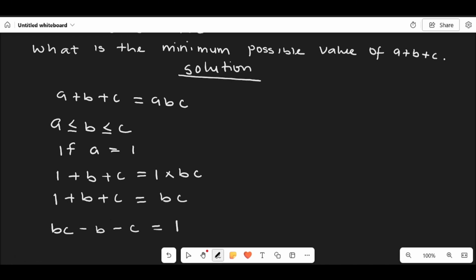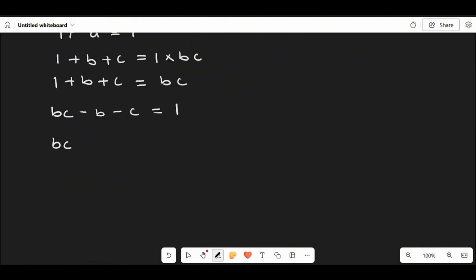Let us try to factor this cleverly. Add 1 to both sides. The equation will become bc minus b minus c plus 1 equal to 1 plus 1. So bc minus b minus c plus 1 equal to 2. Now factor the left side.